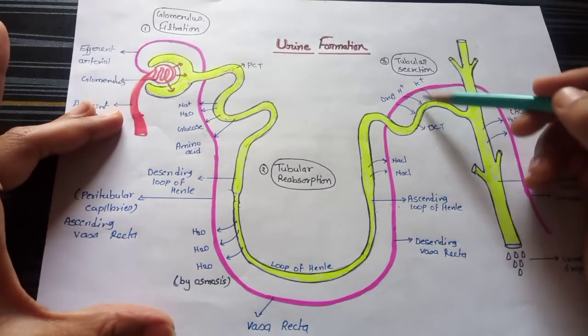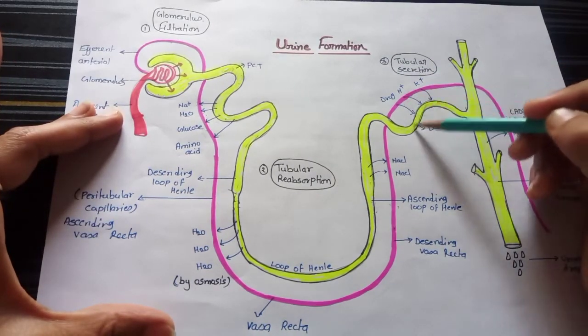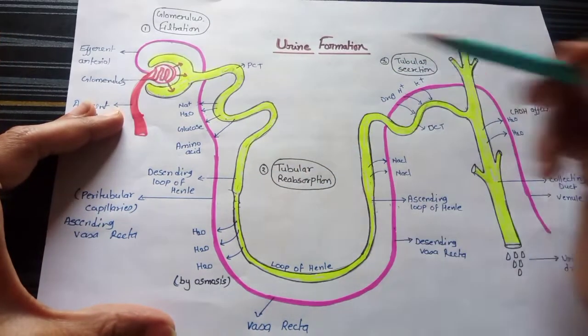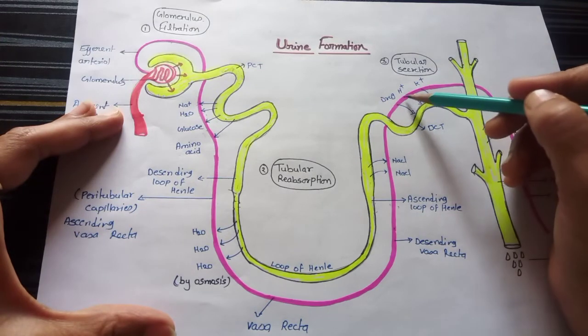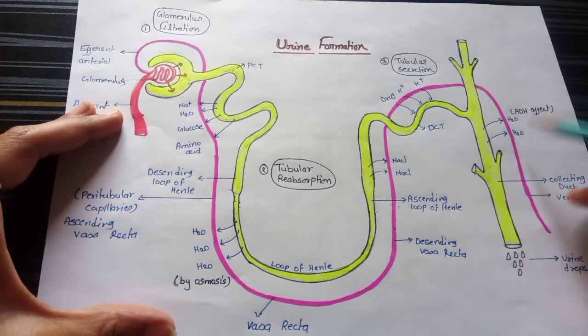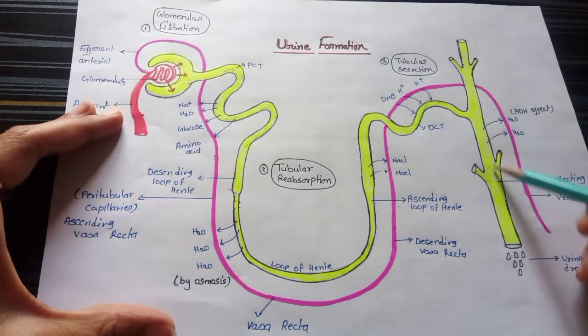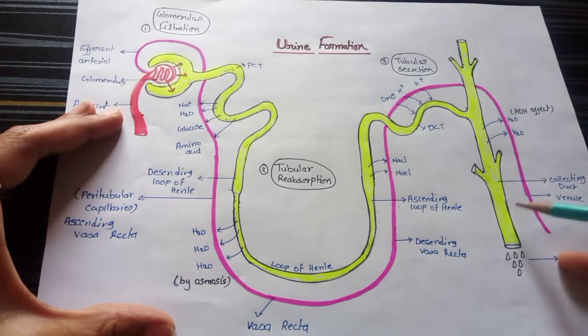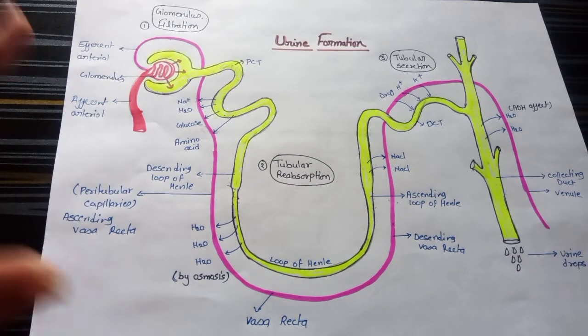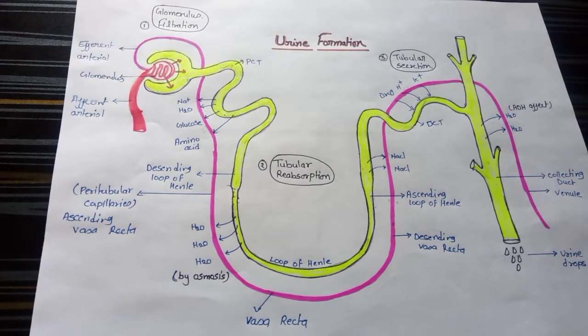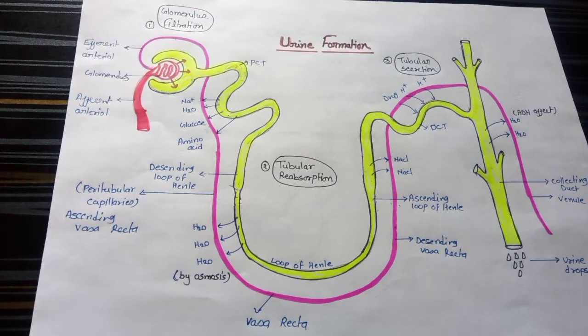Okay, so this happens at the tubules, DCT, loop of Henle, and there. Now this blood is filtered blood, and this filtrate is going to be converted into urine in the collecting duct, and then we excrete it from our body. So understand the basic process of urine formation.